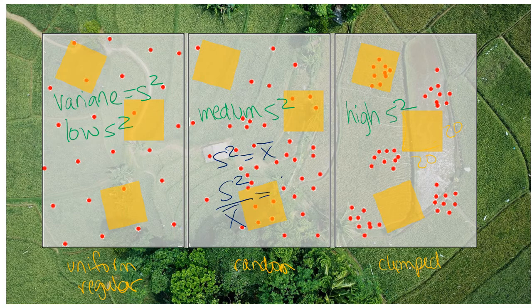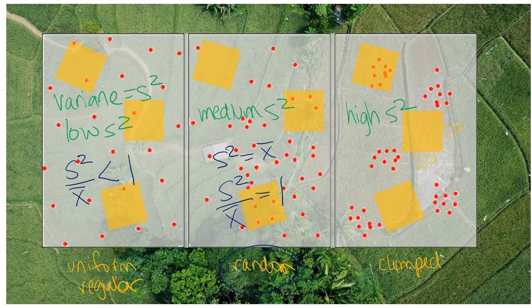And if it's close to 1, then we know the pattern is random. On the left side, remember the variance is low. So if we take a small number and divide it by the mean, it's going to be smaller than the mean, and so that's going to be less than 1. So if you get a little number, you know it was a uniform pattern.